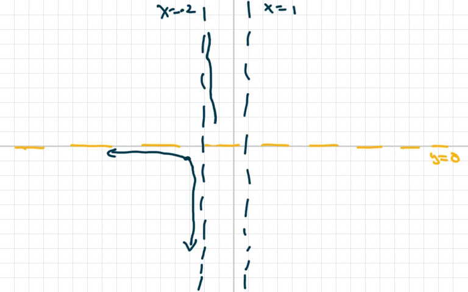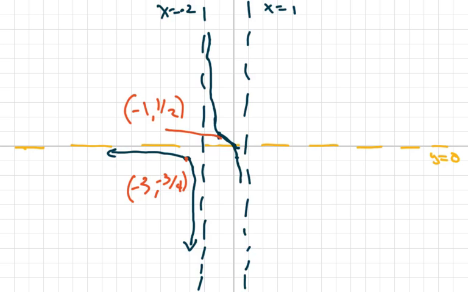This point here was (-1, 1/2), and this point here we did was (-3, -3/4). Now the point in here that we did was (1/2, -2/5), so right in here.